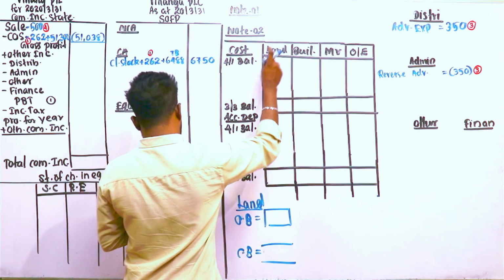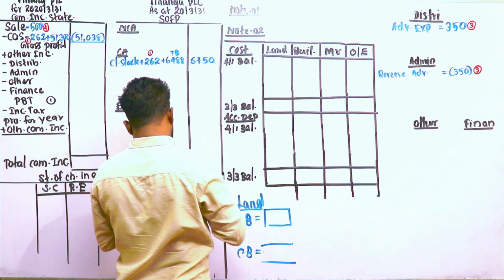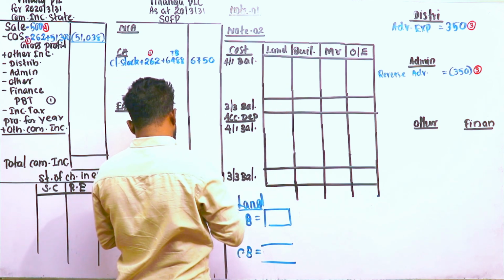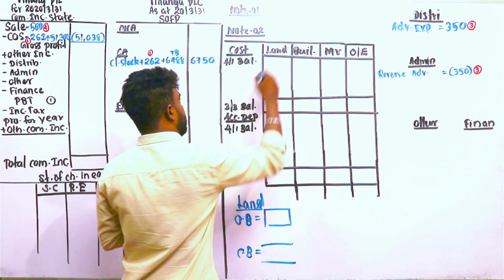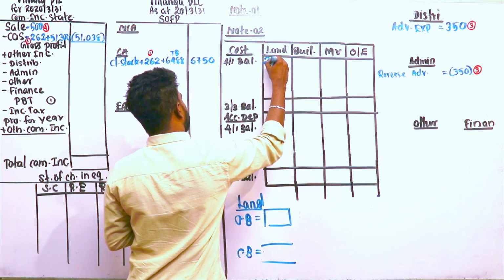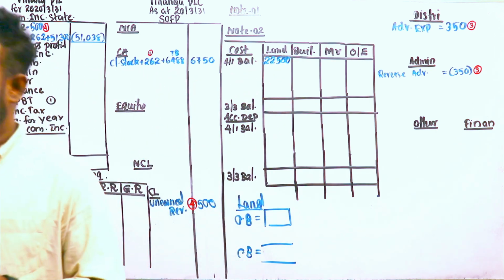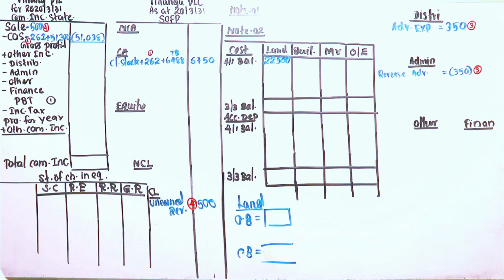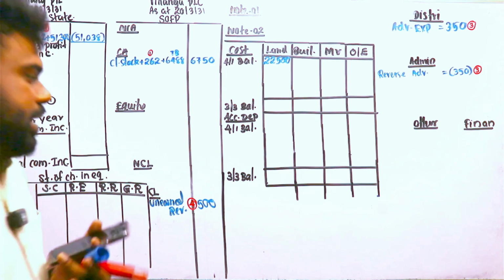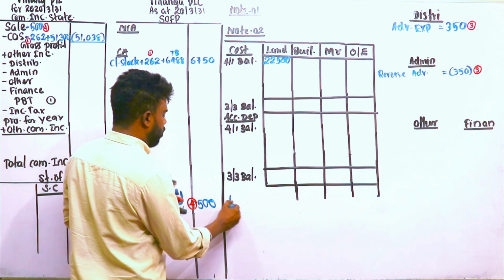No issues. Record your opening balance of land, 22,500. So can you tell me the land revaluation gain or loss?